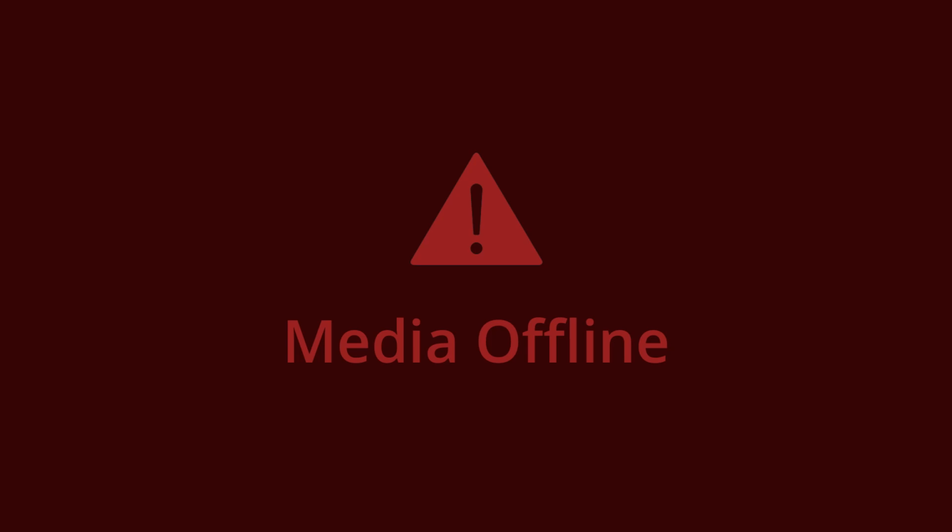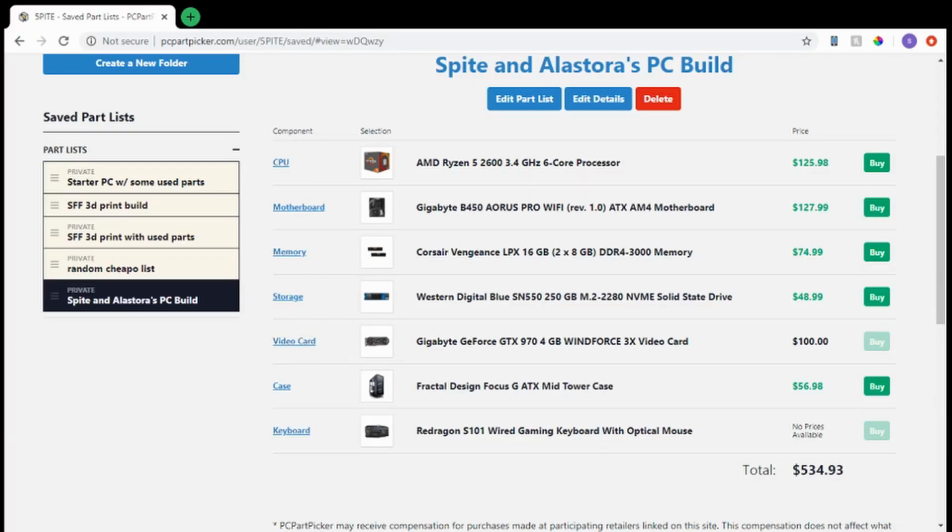So this is our final build list. Some of it is just added on here to make it so that everybody can see what we bought, or something comparable. For example, the CPU that we bought is not actually the AMD Ryzen 5 2600, but rather the AMD Ryzen 5 1600AF.